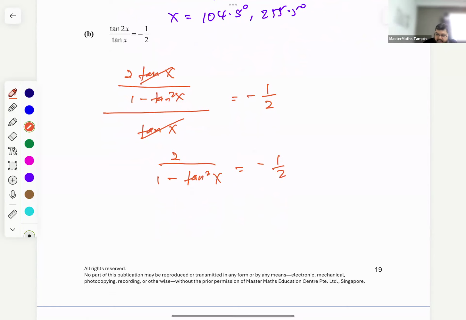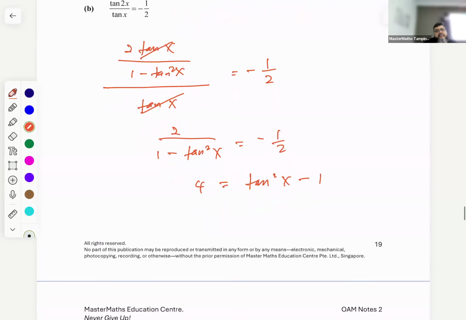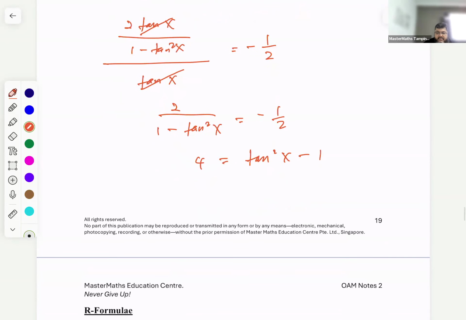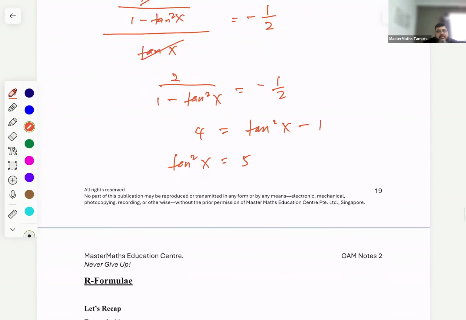So this one will become 4 is equal to, there's a negative 1, so I can take it as tangent squared x minus 1. So now tangent squared x is equal to 5, am I right or not? Tangent x is now equal to plus minus square root 5.